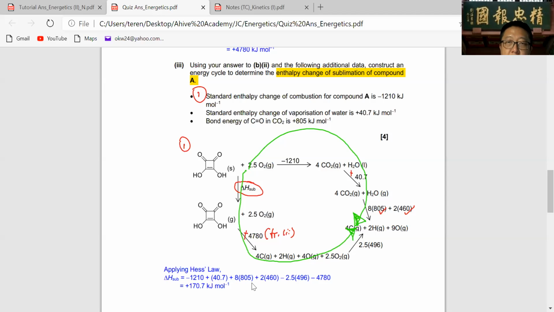So you just substitute everything into Hess's law and you can find your enthalpy change of sublimation. Construct the cycle first, then after that insert all the figures. Convince yourself using your calculator to check. Make sure you are able to get the answer out.